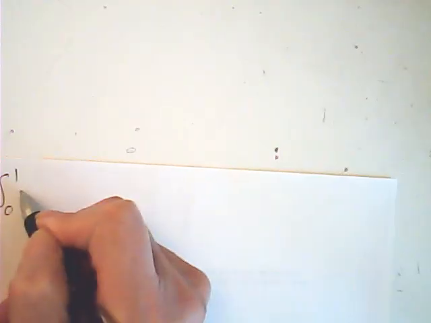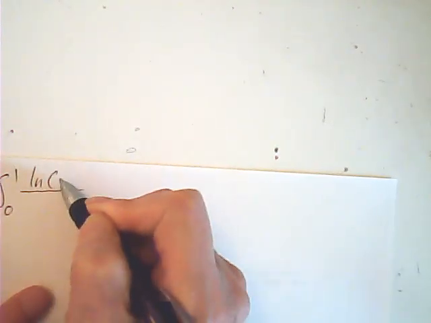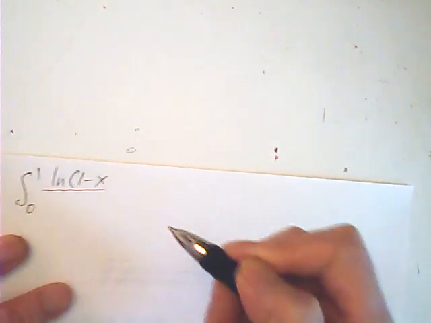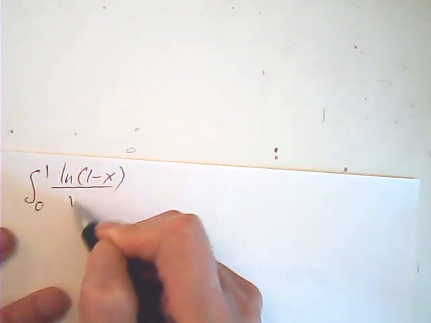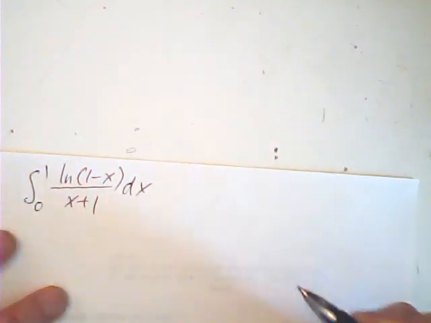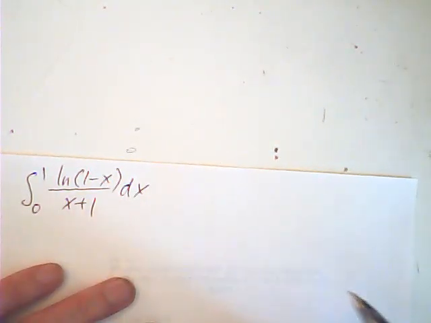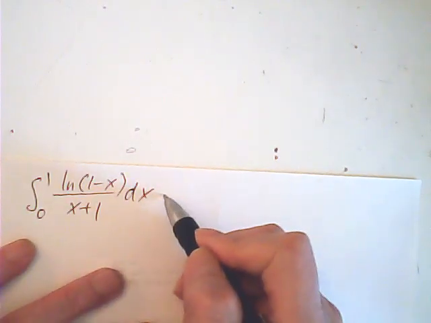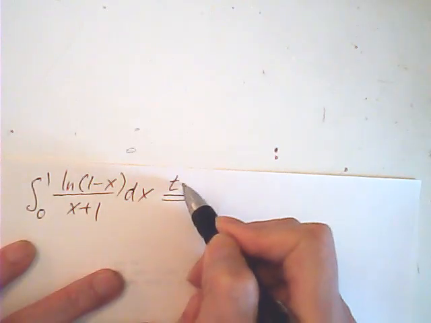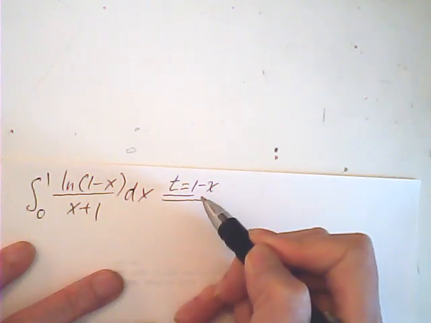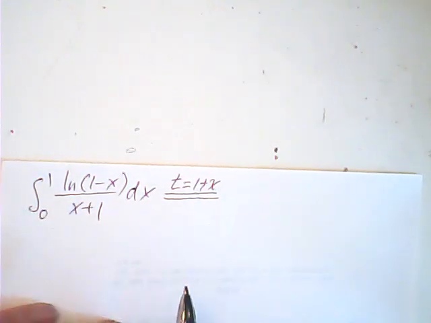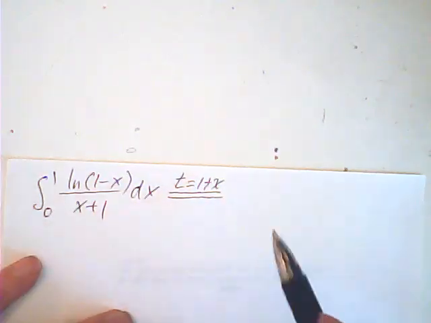Now, let me do method 2. The integral from 0 to 1 of log 1 minus x, 1 plus x dx. In method 2, I start with substitution. Let t be 1 minus x, 1 plus x, sorry. t is 1 plus x.